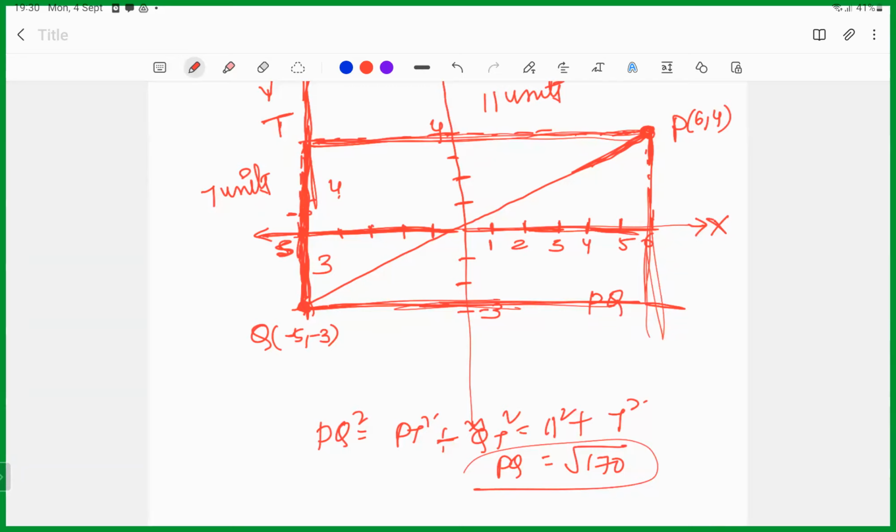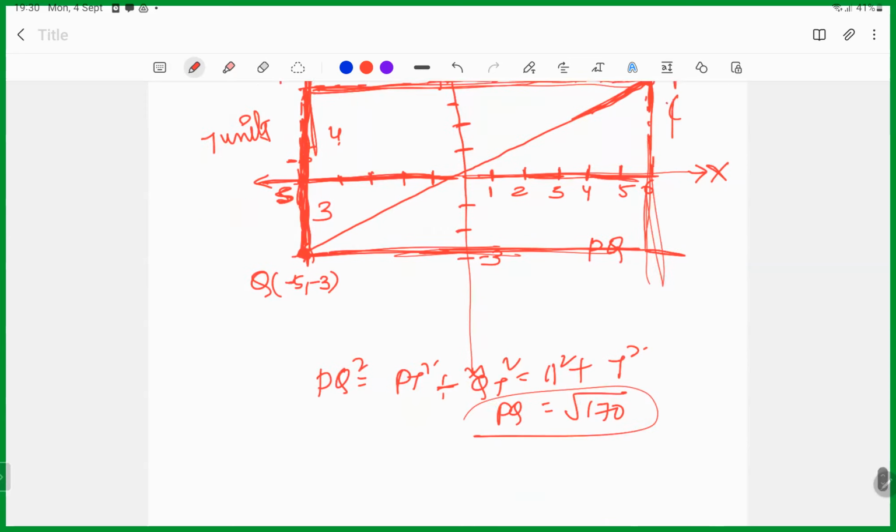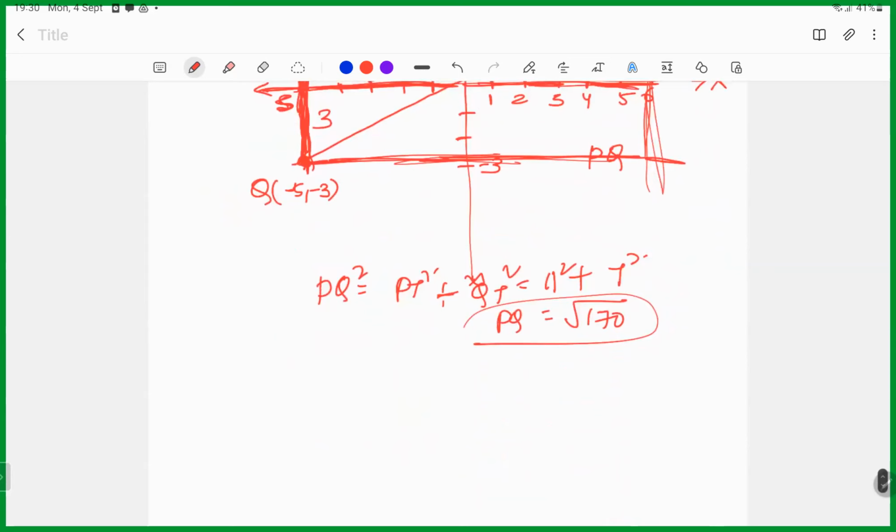So how are we measuring a distance? Let's take one more triangle.